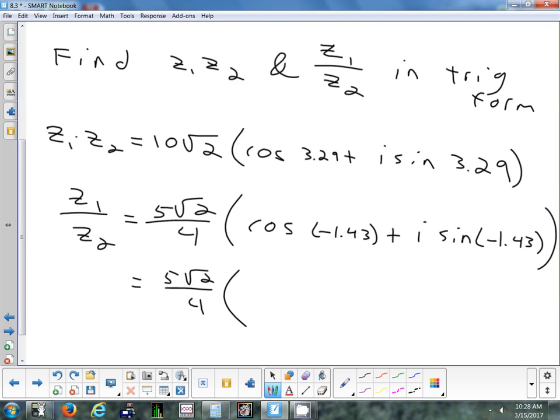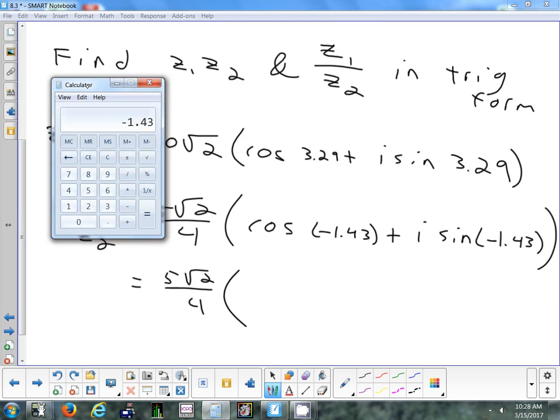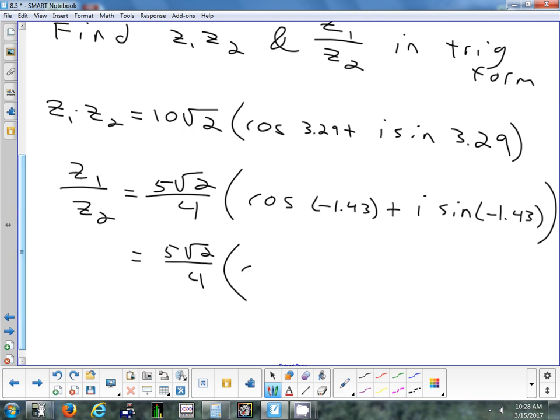Like for example, if I had the angle negative 45, what's that the same as? I can add 360 if I'm in degrees. I'm in radians here, so I could add 2 pi. So I could take negative 1.43, and as a decimal, what's 2 pi? 6.28. So that's exactly the same as 4.85. Cosine 4.85 plus i sine 4.85. That's one way to deal with a negative.